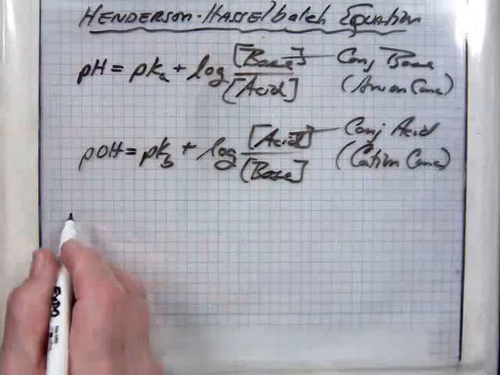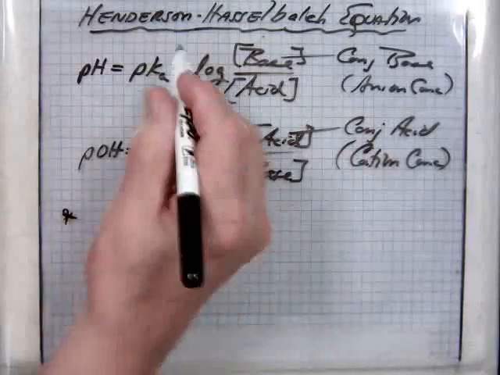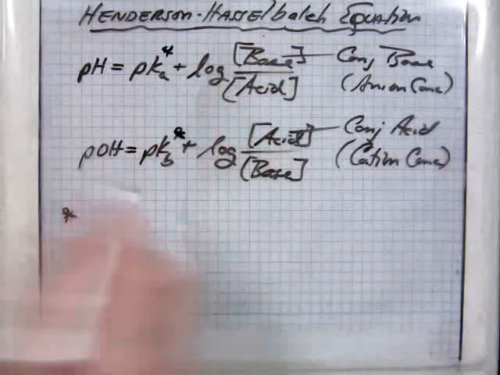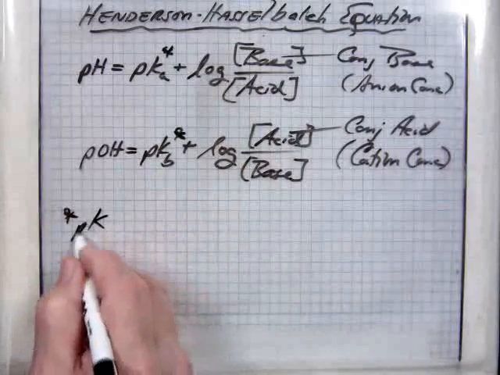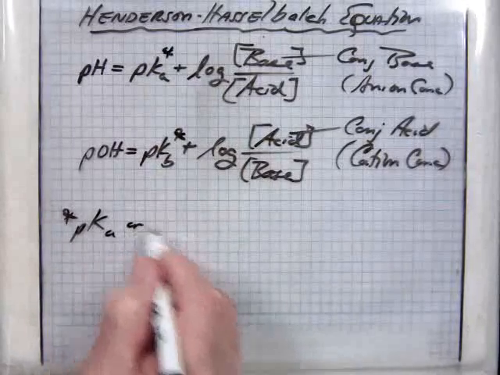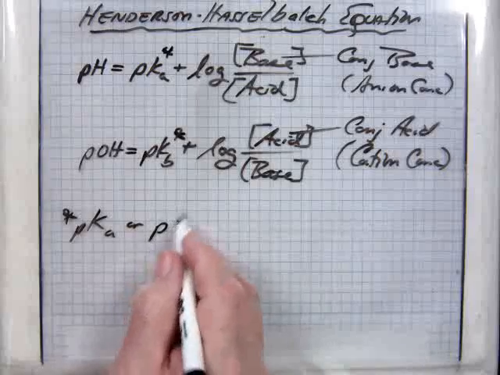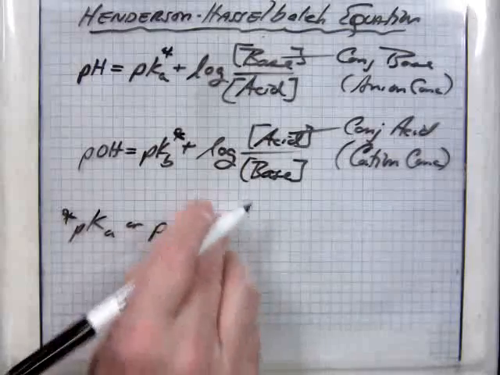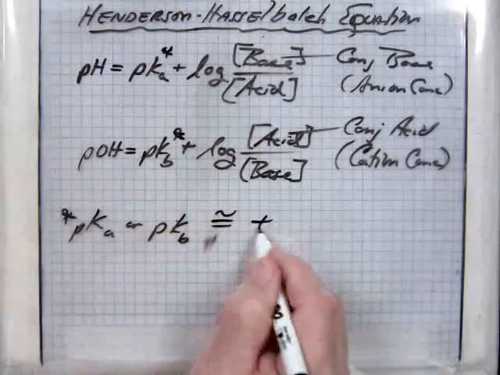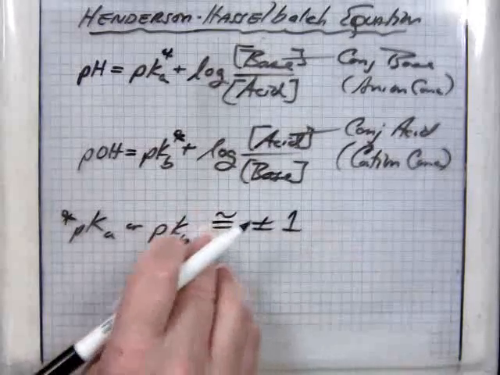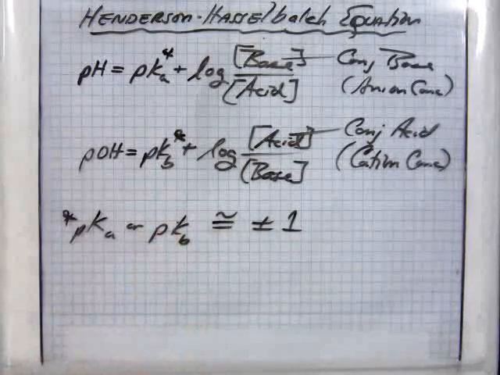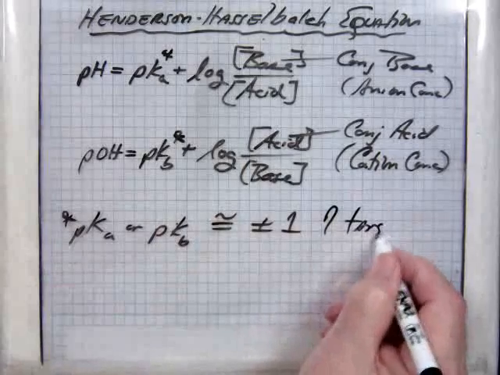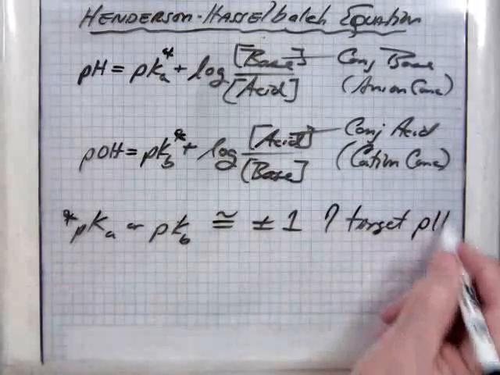Now, one little nuance in this is to do with the pKa and the pKb. The pKa or whatever pKb should be plus or minus 1 of target pH.